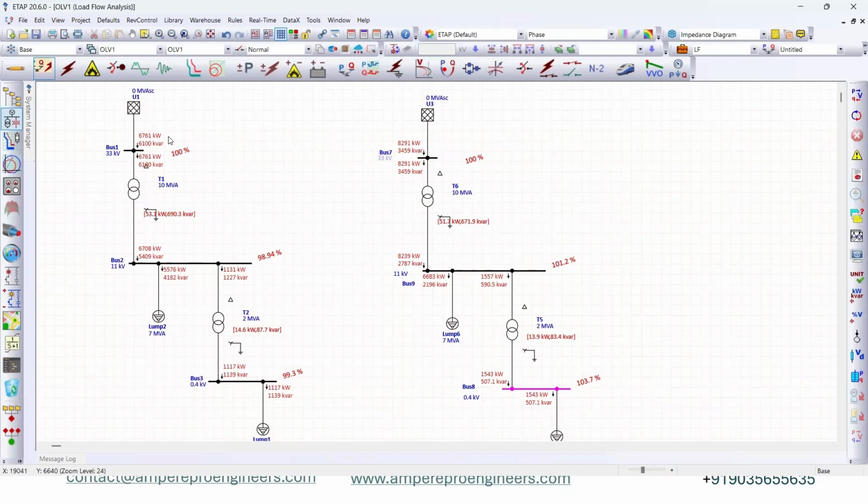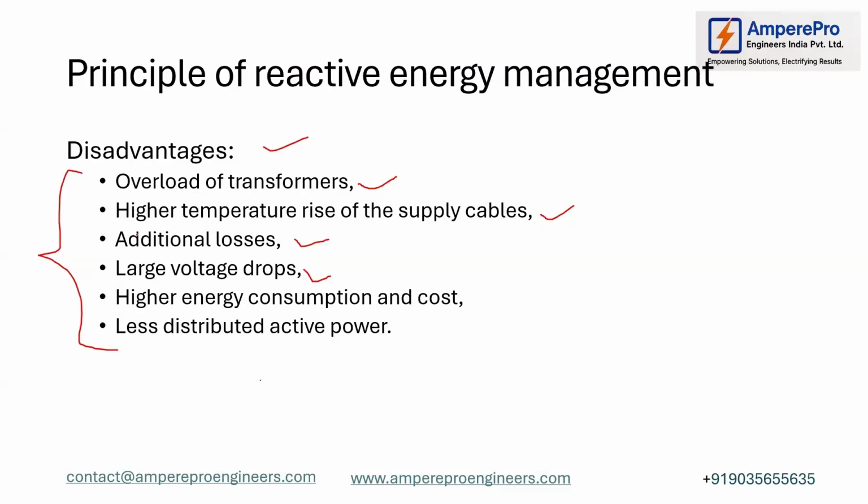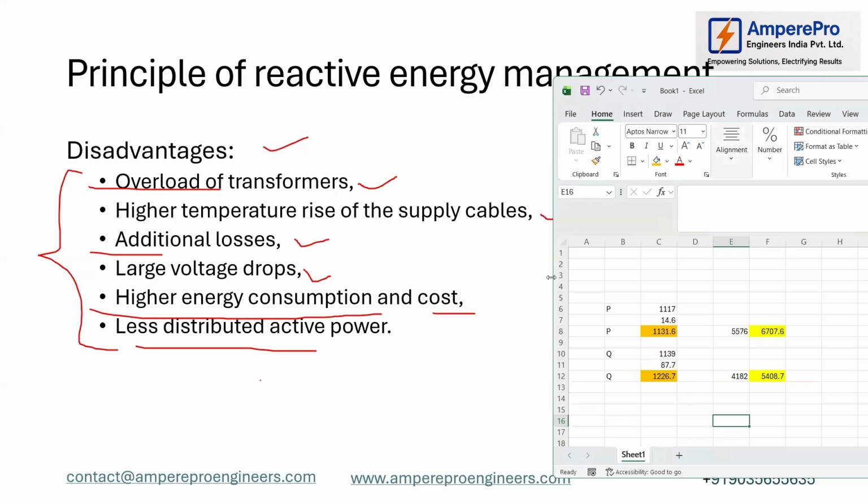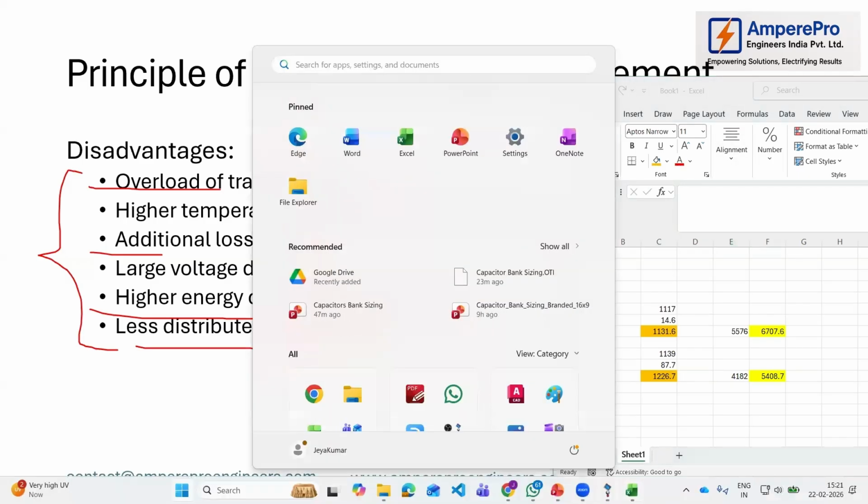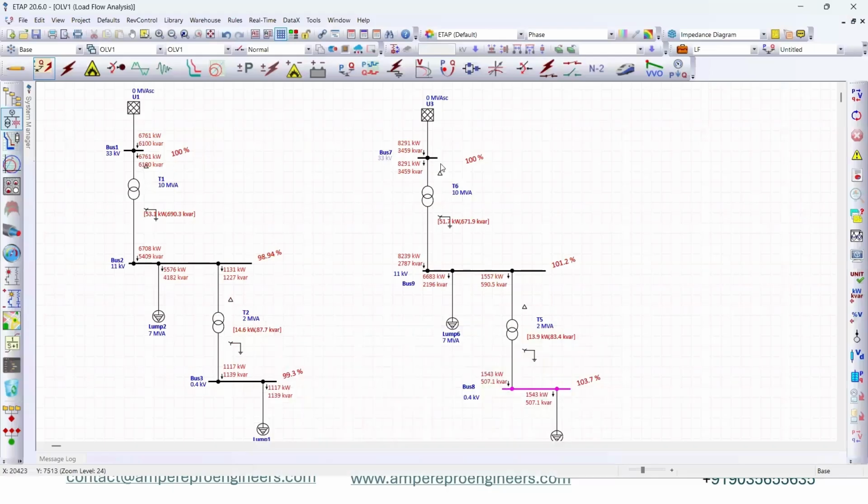Now you are able to see it literally, along with some disadvantages like higher energy consumption and cost. You are able to see this in ETAP. This is how you have to visualize things.